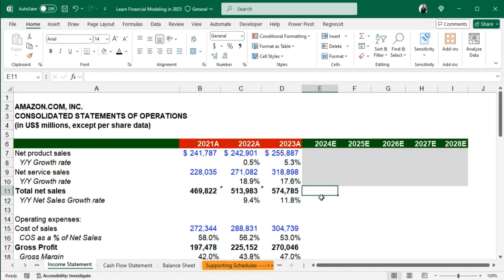The third one, which is the one we are going to use in our scenario, is the use of data sources such as Yahoo Finance, Google Finance, and Bloomberg. Some of these are free and some are paid, and these contain information that has been developed by consensus of Wall Street analysts.